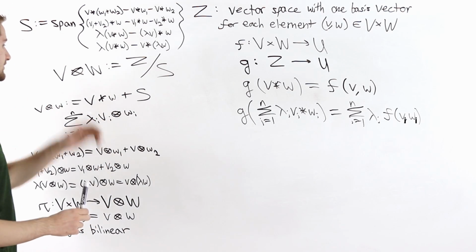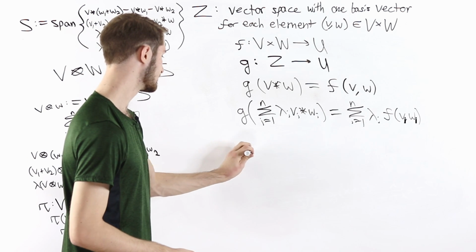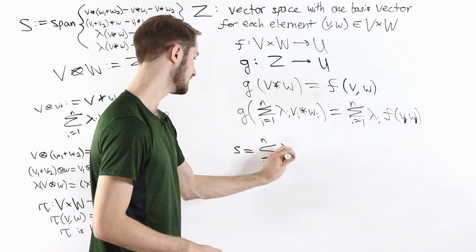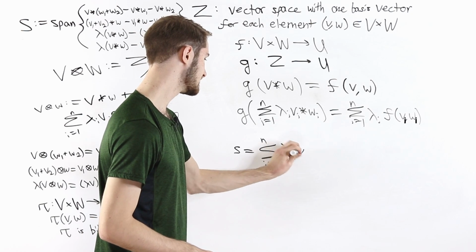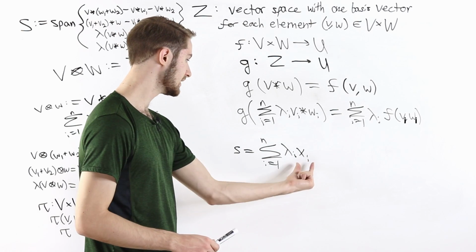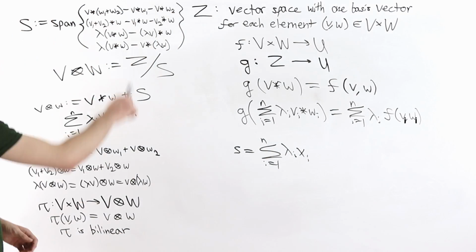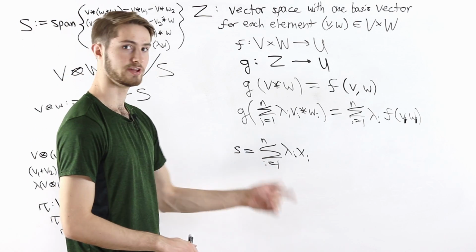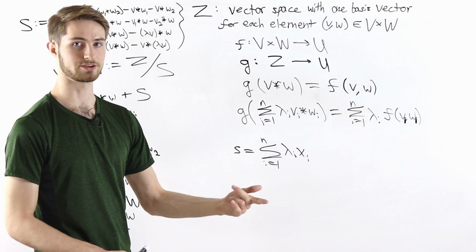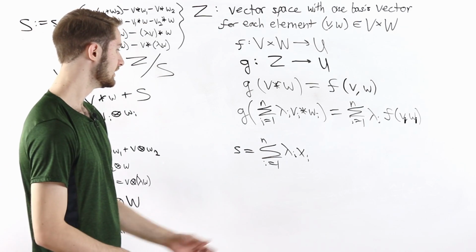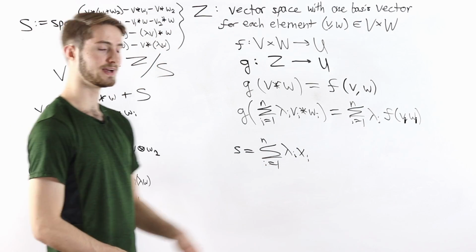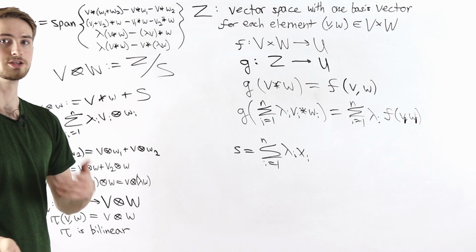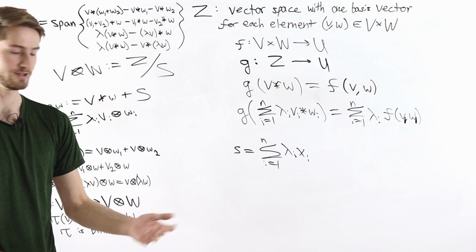So every element of the subspace S is going to look like a finite linear combination, let's say i equals 1 to n, of scalars lambda i times x_i, where here I'm using x_i to denote any one of these 4 expressions. So this is going to be a sum of lambda 1 x1 plus lambda 2 x2 plus and so on. And each of these x1, x2, x3 is going to be one of these 4 expressions for some value of v, w, and lambda.